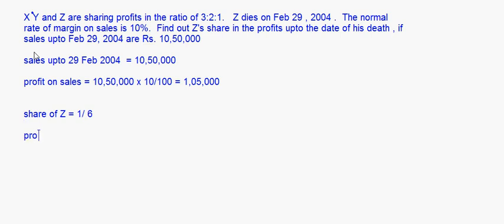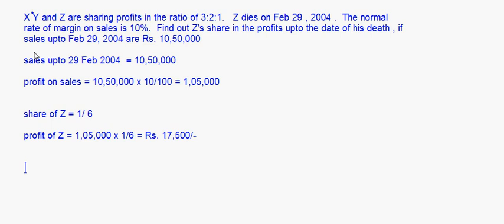So his profit of Z comes to how much? 1,05,000 into 1 divided by 6 comes to rupees 17,500. So this is what is your answer, right?